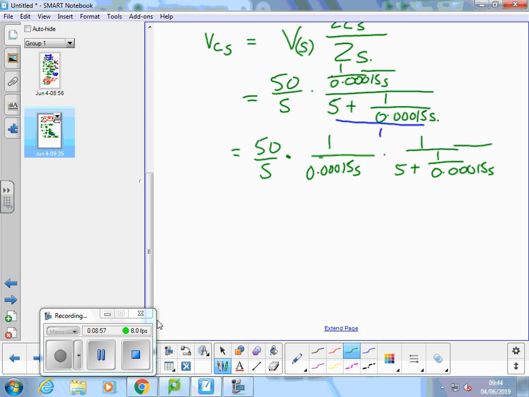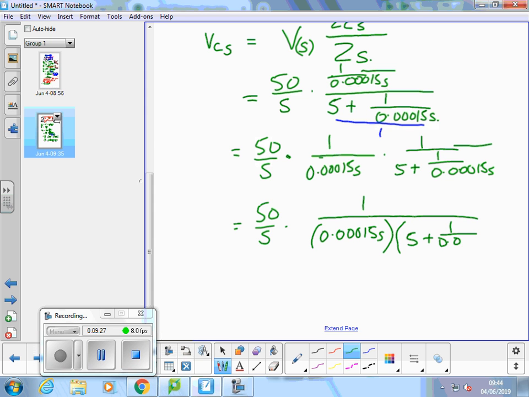So on the top, we keep that 50 over S there and multiply. On the top we've got 1. And on the bottom, it might help to put these in brackets, times 5 plus 1 over.